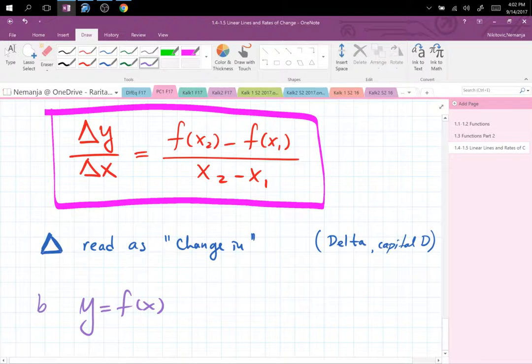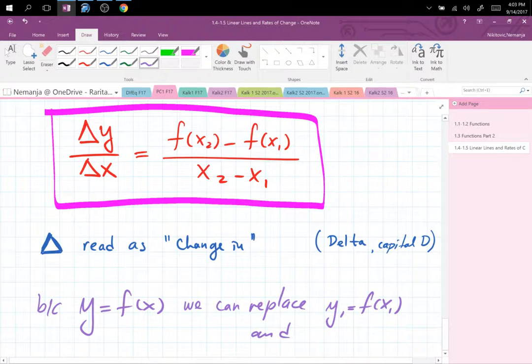So because y equals f of x, we can replace y1 with f of x1 and y2 with f of x2. So we are replacing those values for y1 and y2 and using function notation instead. That's the only formula. It's the same as the slope, which uses the notation of the function on each y.